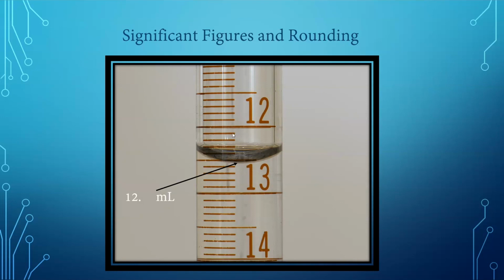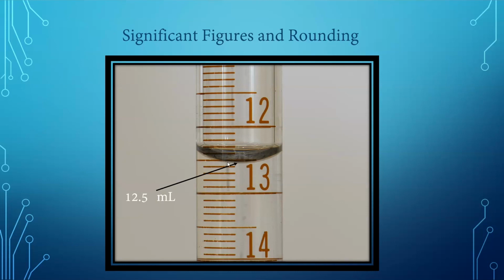So we're at 12.1, 2, 3, 4, 5. Clearly, our water level is somewhere between 12.5 and 12.6, so we can also be very sure that our next digit is a 5. Can we go any further?